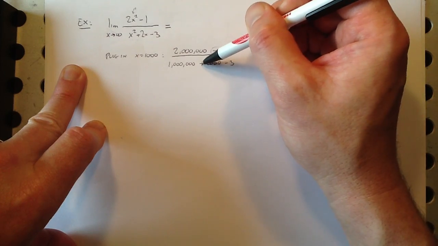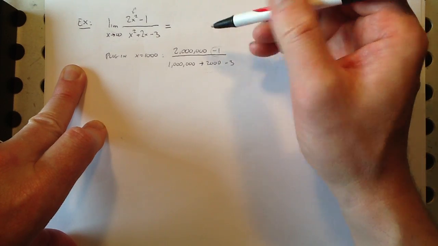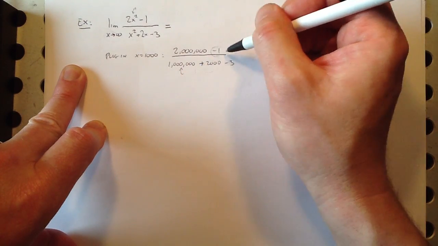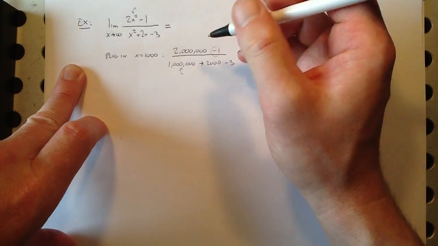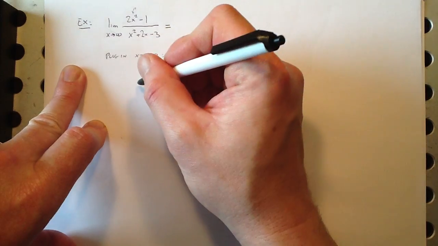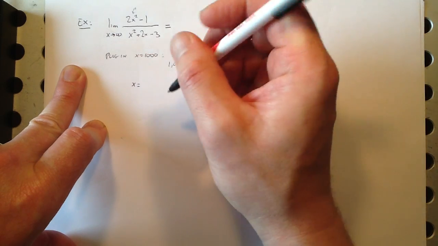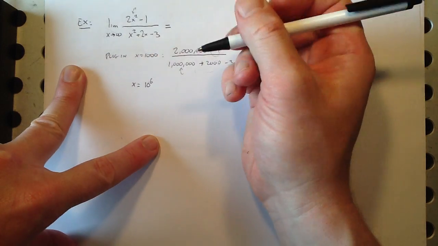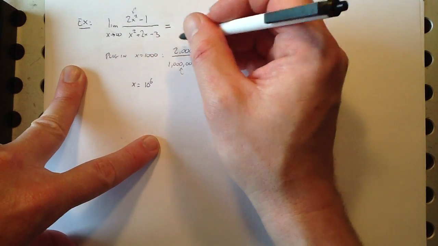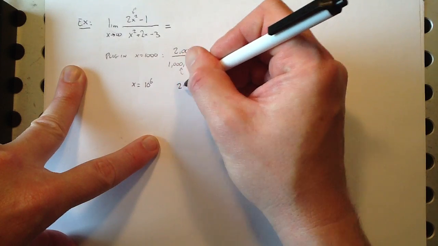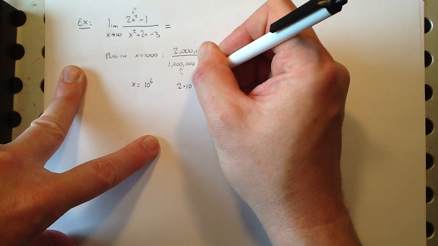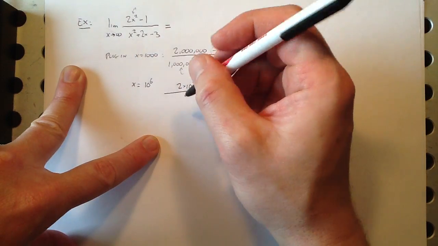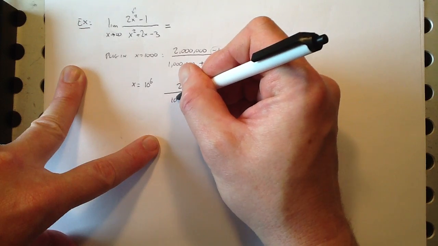Here, this might seem like a bigger change, right? 2,000 and then the minus 3. That's kind of like the minus 1. Doesn't make much of a difference. But I hope that you might appreciate that as we plug in bigger numbers, like let's say we try plugging in 1,000,000 now. That would be 10 to the 6th. Well, that would give me 2 times 10 to the 12th, or in other words, 2 trillion minus 1 over 1,000,000,000,000.